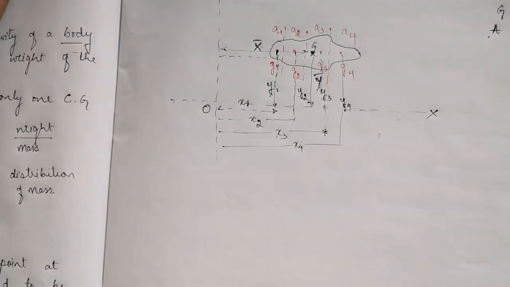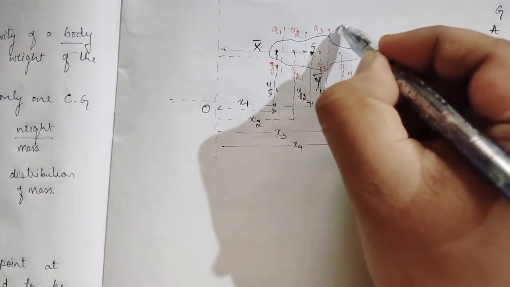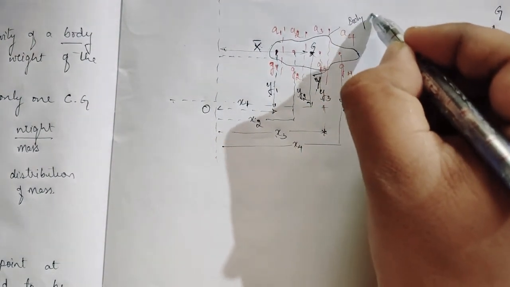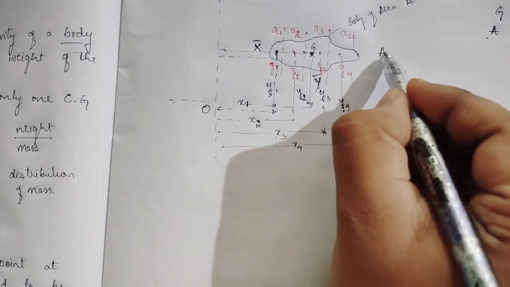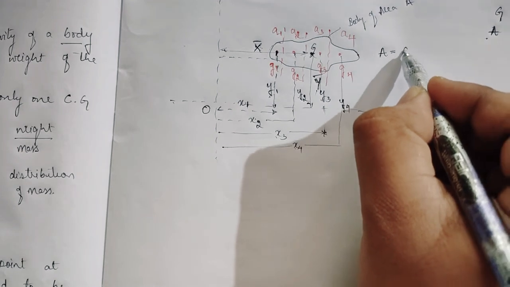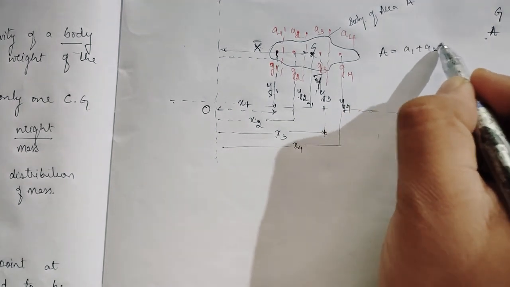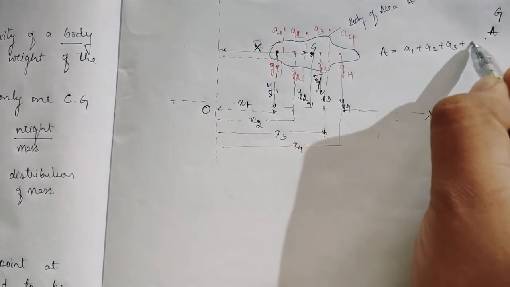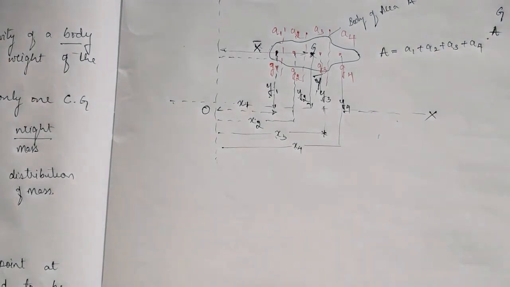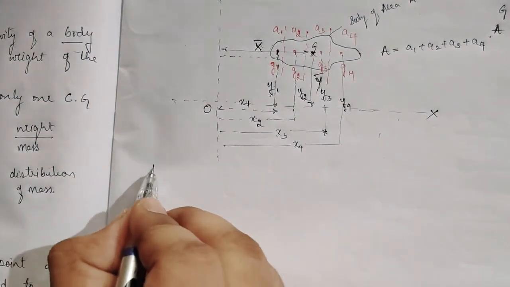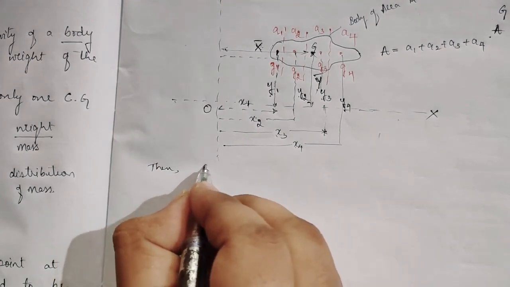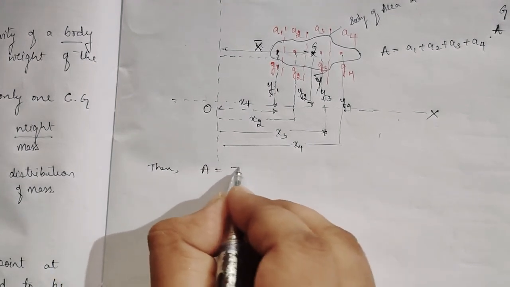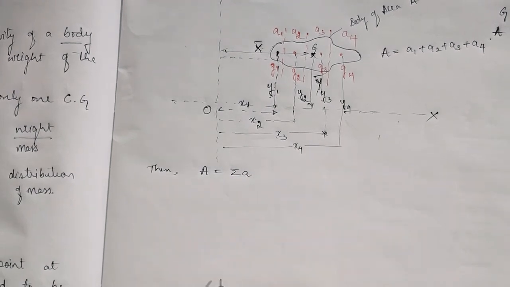This is the body of area A, and I divided it into smaller parts A1, A2, A3 and A4, right? So what will the area be? The area will be equal to the summation of the smaller areas.